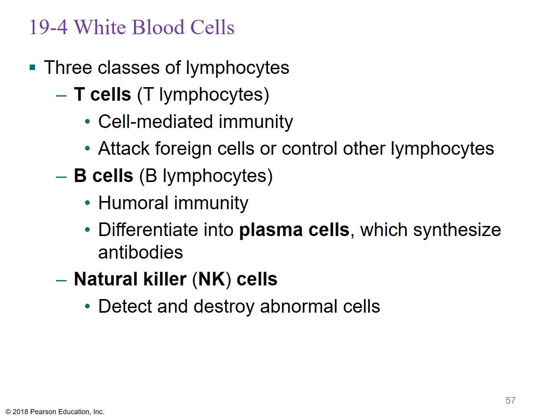So this is not cell-mediated immunity, this is humoral immunity, which means it will differentiate into plasma cells, which helps synthesize the antibodies. So T is for the cell, B is for the plasma. And then natural killer cells are going to detect and destroy abnormal cells. Again, we'll talk about each one of these more as we get into the immune system.